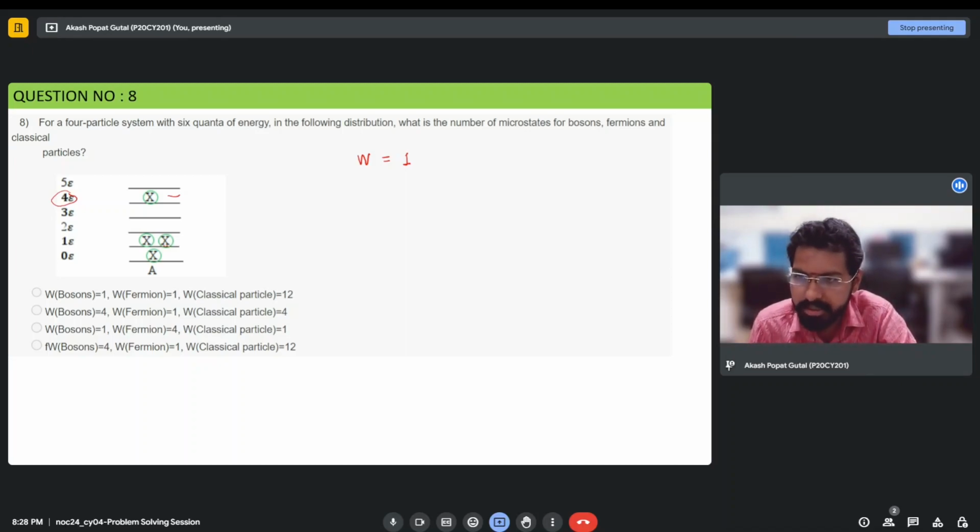So only one possible microstate can be depicted, and because of that, bosons will have only one microstate for the given system.